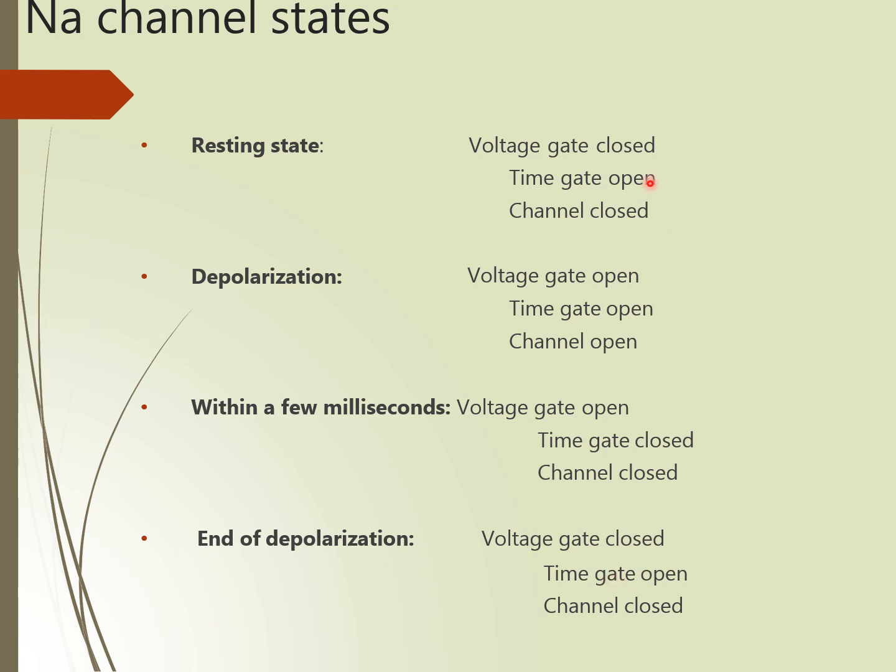So the channel is open only in the depolarization state, that is when both the gates are open. So this is a little bit confusing, but try to understand it. See the previous slides and then try to understand it.